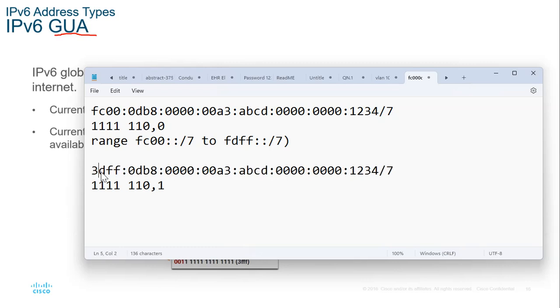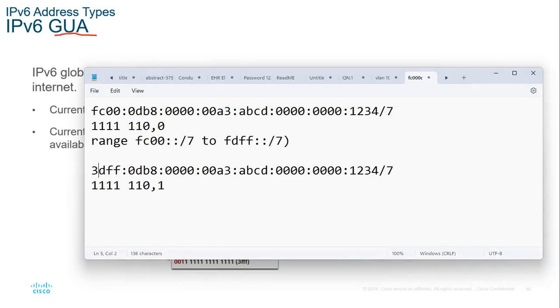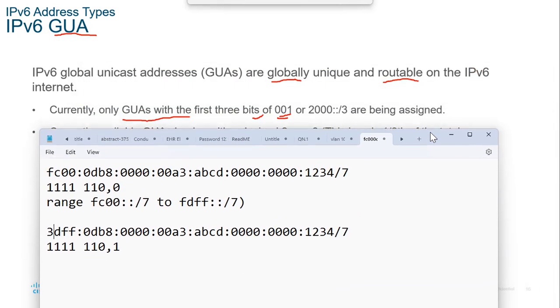If I say 3 like this, it also qualifies to be a global unicast IPv6 address.